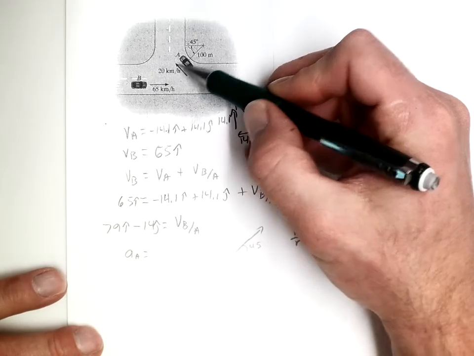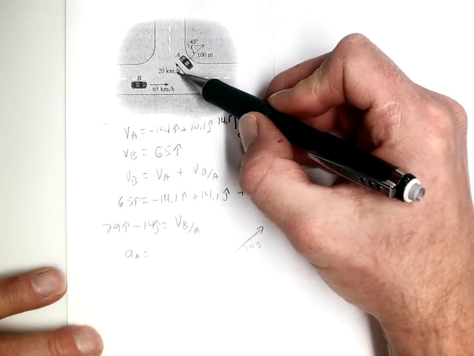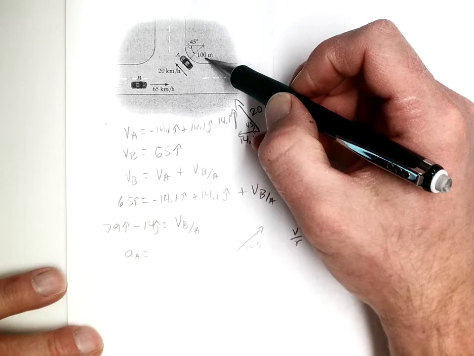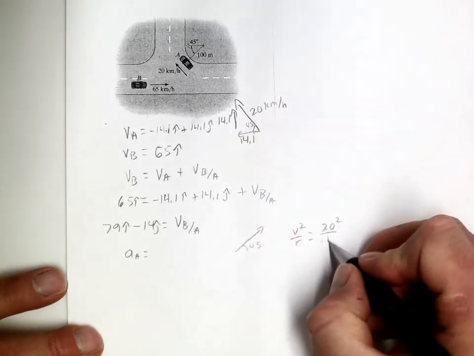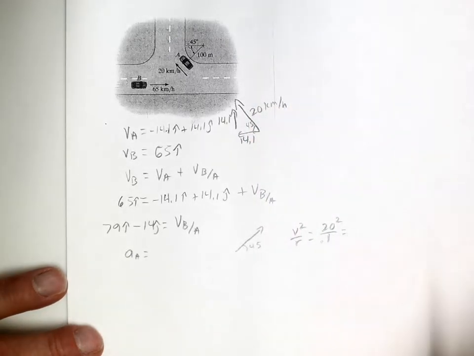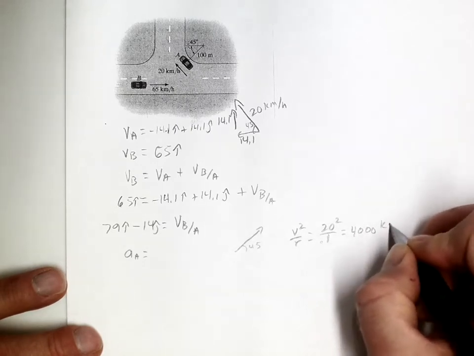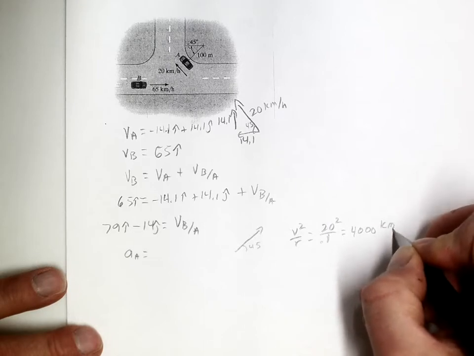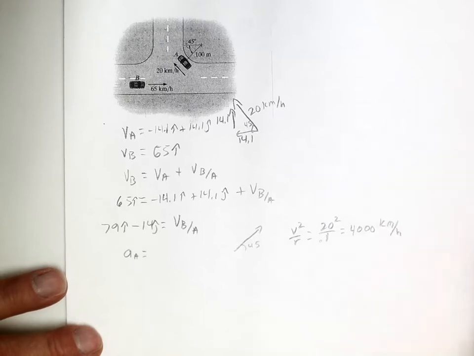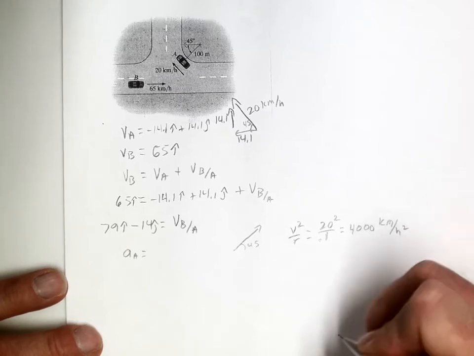Now, let's keep our units straight. This is 20 kilometers per hour, and this is 100 meters. So let's put 0.1 for the radius, a tenth of a kilometer, which gives us 4,000 kilometers per hour squared in that direction.